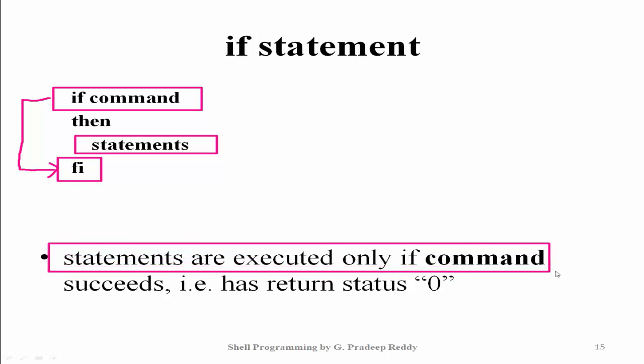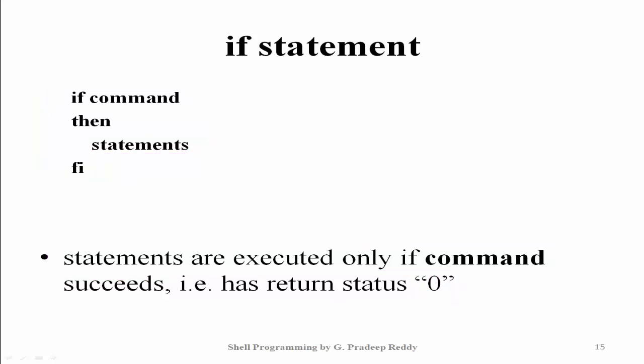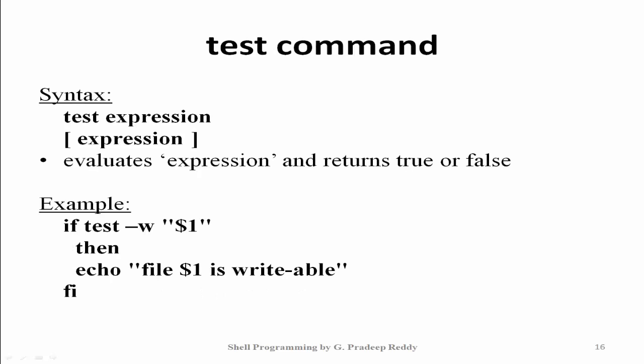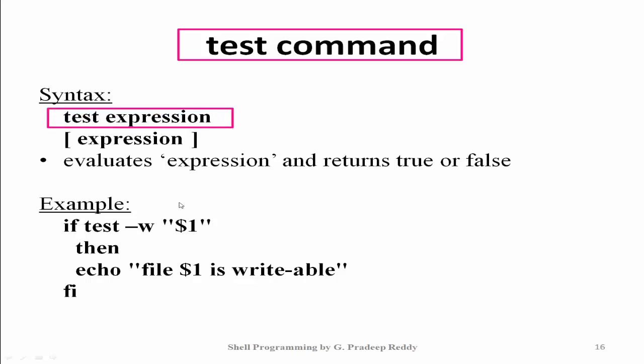Statements are executed only if the command succeeds. Otherwise, it is going to return a nonzero status on error. Next command is the test command. Here the test command is used to test an expression. Here you specify the expression.